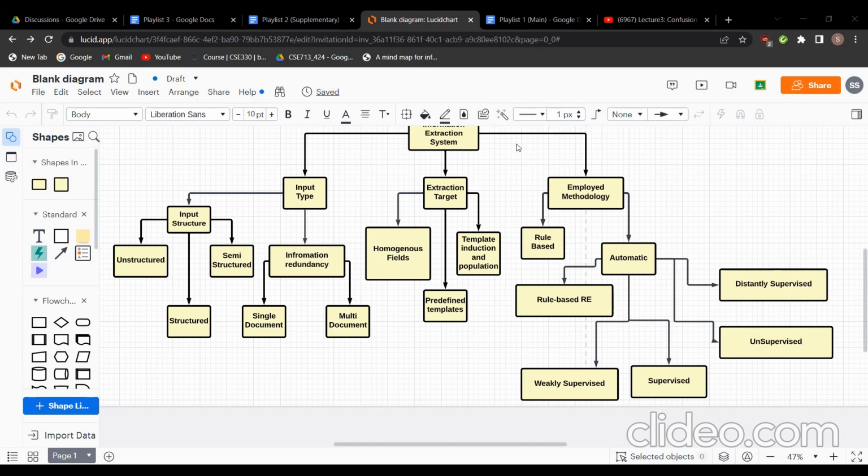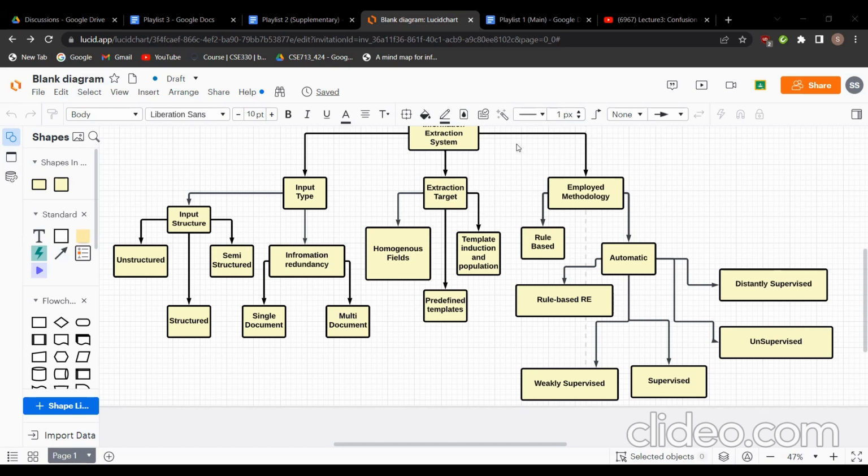So supervised relation extraction has some pros also, like high quality supervision, which ensures that the relations that are extracted are relevant, and we have explicit negative examples.